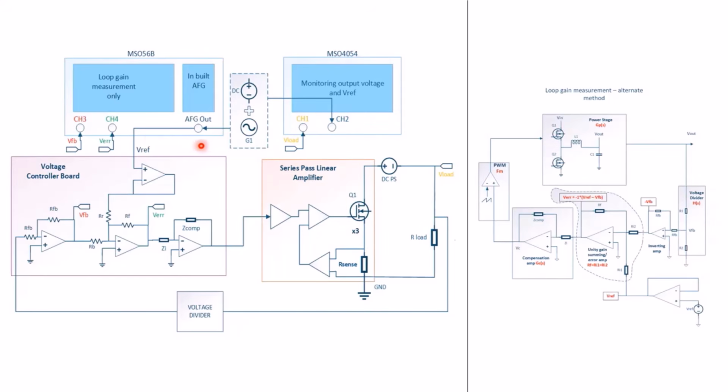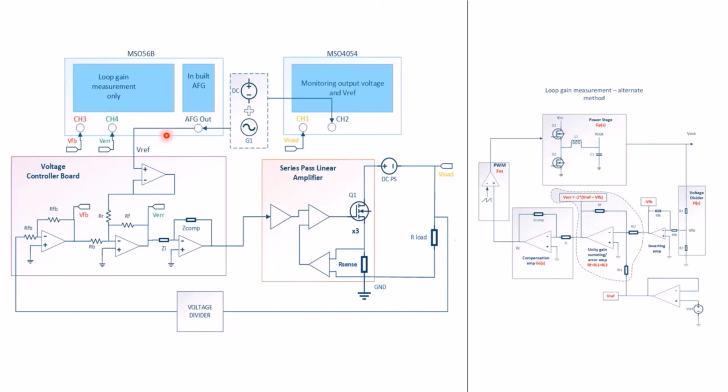I will do the loop gain measurement through a control system license that is inbuilt in the MSO 56B scope. The loop gain measurement will use channel 3, which is V feedback, as the output source, and channel 4, V error, as the input source.